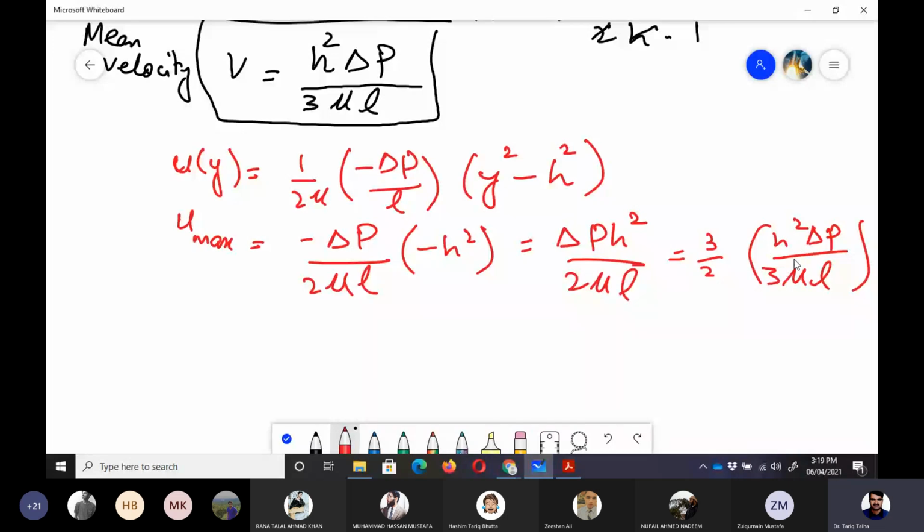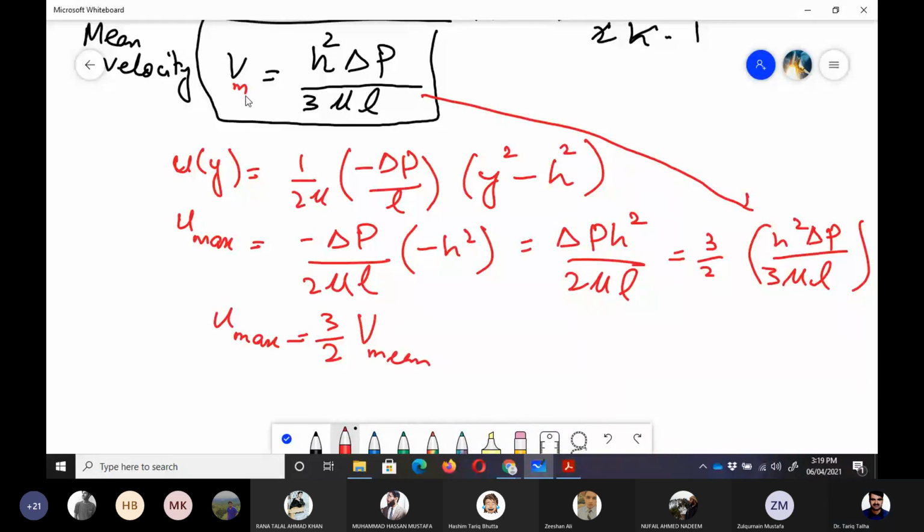So now you can see that this is the mean velocity. So we can write that u max is equal to 3 by 2 v mean. So maximum velocity is 1.5 times the mean velocity for the steady laminar flow between two parallel plates.